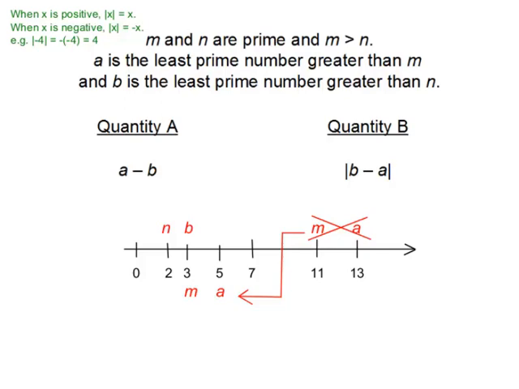B can't be greater than M. B and M can be equal. But what's always true is that A has to be greater than B. So since this is kind of the closest they can get, this is the extreme case. And we can surmise that B is definitely less than A.